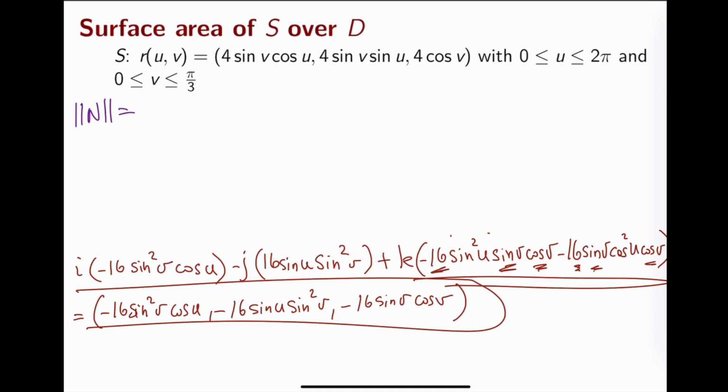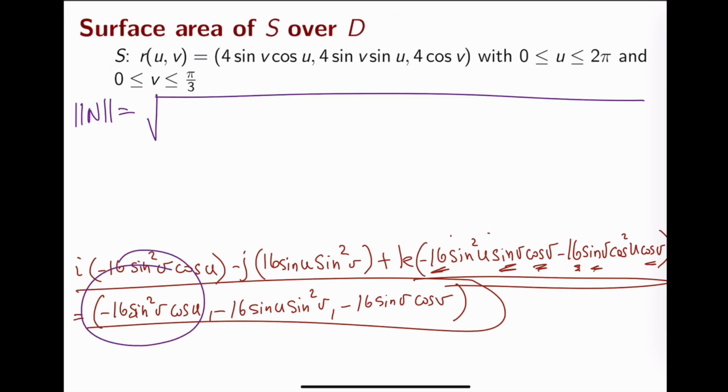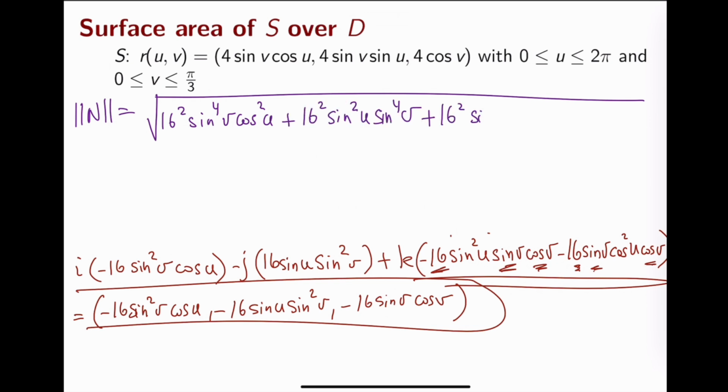The norm of this vector will be the square root of the additions of the squares of each component. 16 squared as well as sine squared of v is common in the three terms.